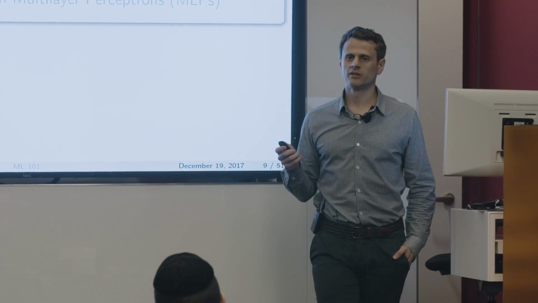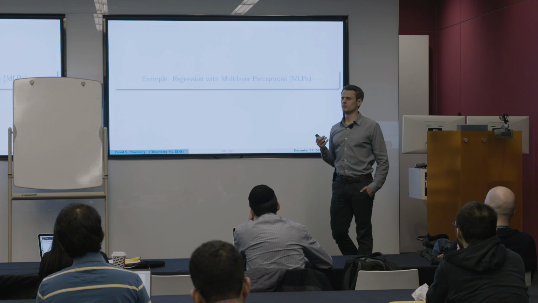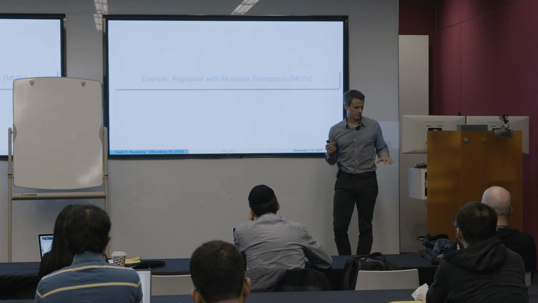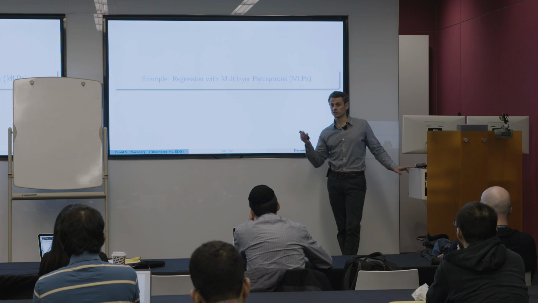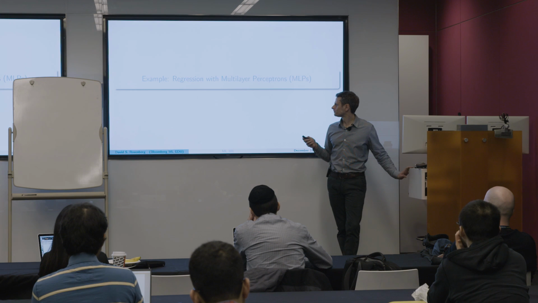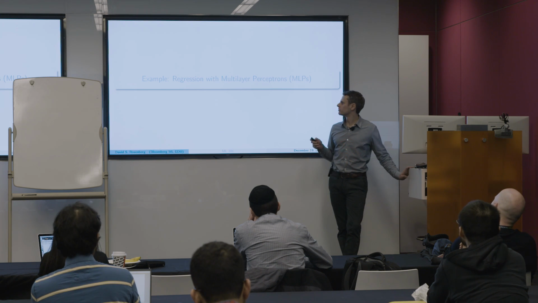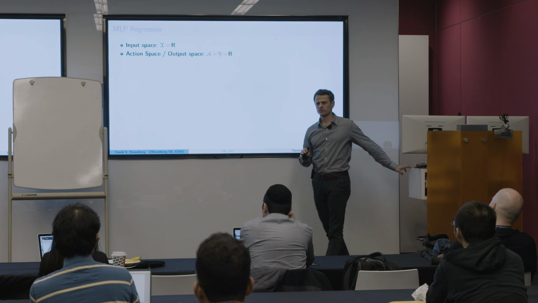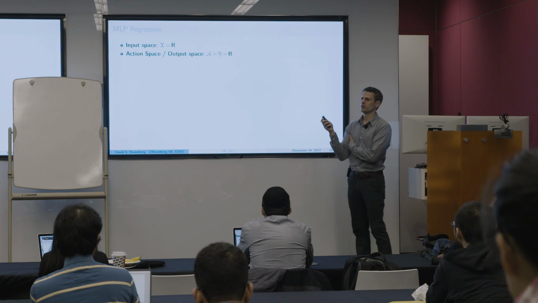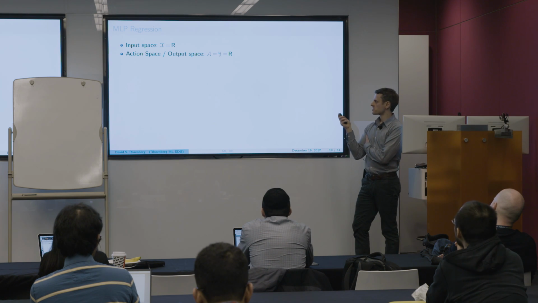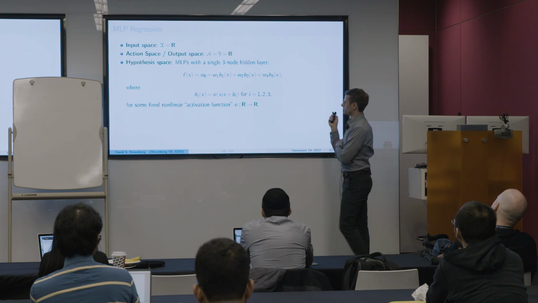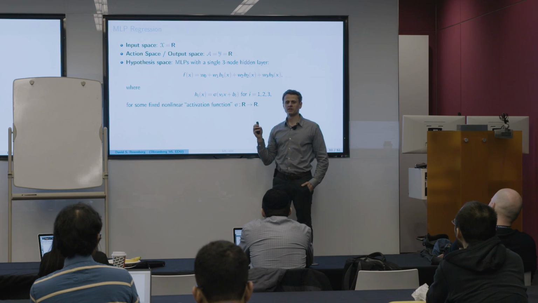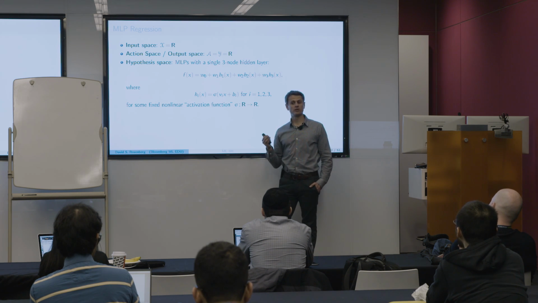Let's do an example that will help expose some interesting properties of neural networks. So as usual, we'll start with regression, which is kind of our simplest example. So regression with multilayer perceptrons. Input space is just the reals, one-dimensional, so we can visualize things easily. And action and output space are reals also. So our hypothesis space, we're going to have 3 hidden nodes.